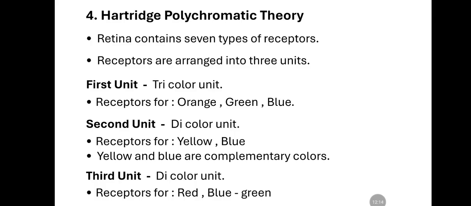Heterogeneous polychromatic theory. Retina contains 7 types of receptors. Receptors are arranged into 3 units. First unit, tricolor unit, receptors for orange, green, blue.